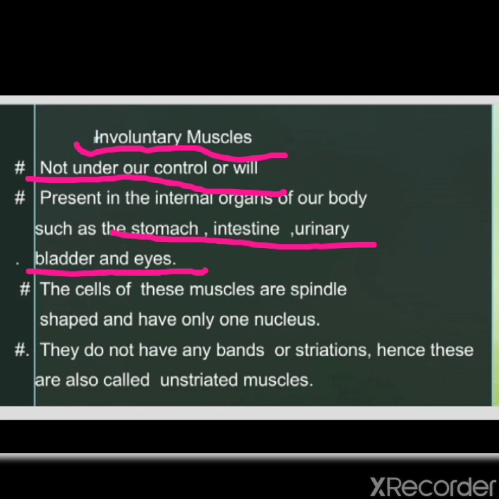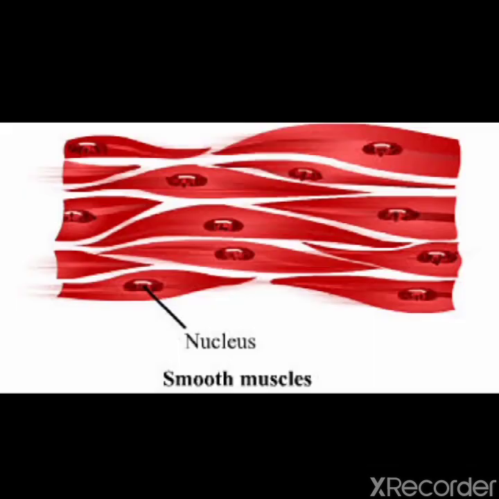Students, can you control the digestion of food in the stomach? No, we cannot control the digestion of food in our stomach, because the muscles present in the stomach are involuntary muscles, which are not in our control or will. Class, involuntary muscles are also known as smooth muscles.